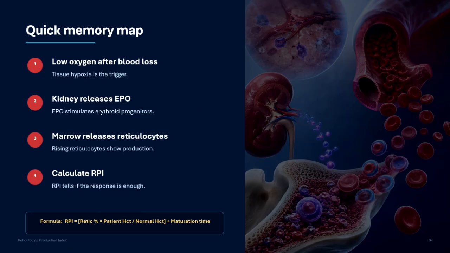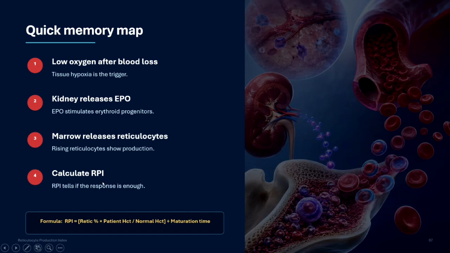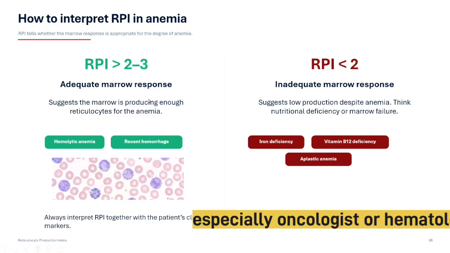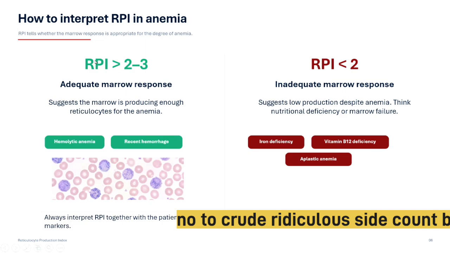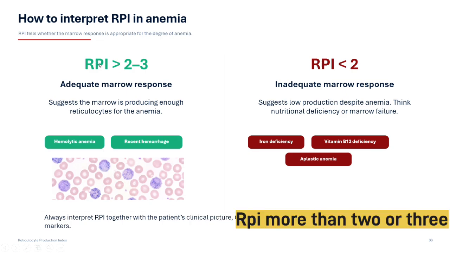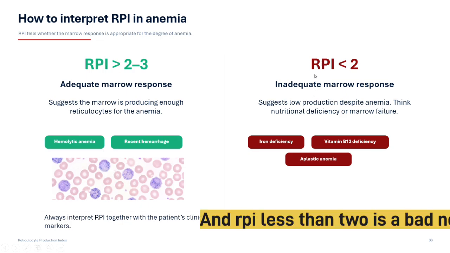So it is very important for us to report the reticulocyte production index in the laboratory, because the clinician, especially the oncologist or hematologist, needs to know more than the crude reticulocyte count by a slide. RPI more than 2 or 3 is good news, and RPI less than 2 is bad news.